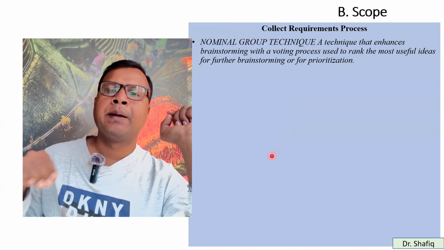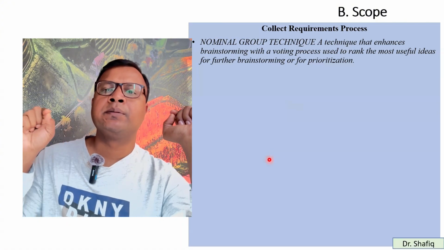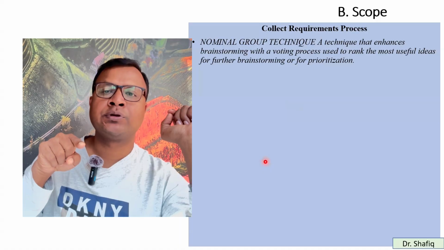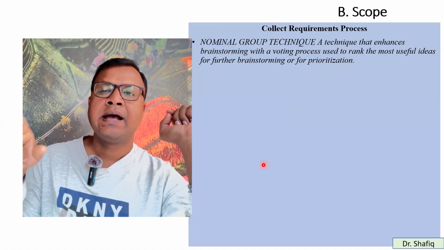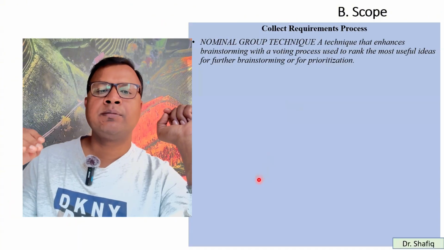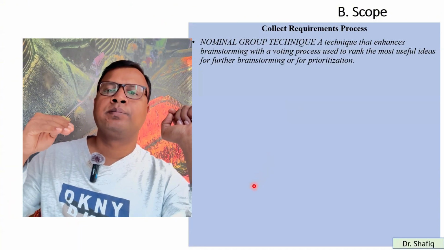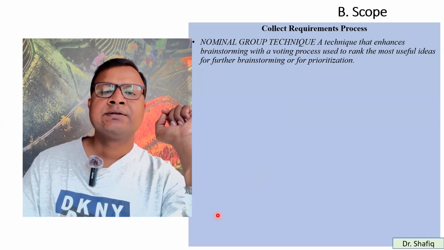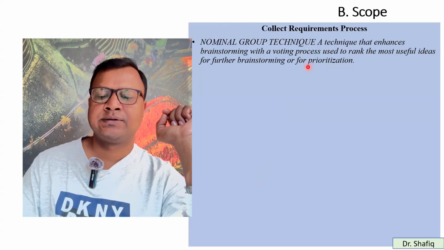Now people can understand whether their own proposal is better or another one, and if another one, which one. Based on this voting system, we can select one option, or we can mix two or three together. So that's called nominal group technique.